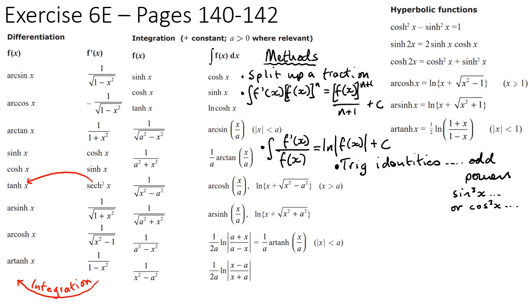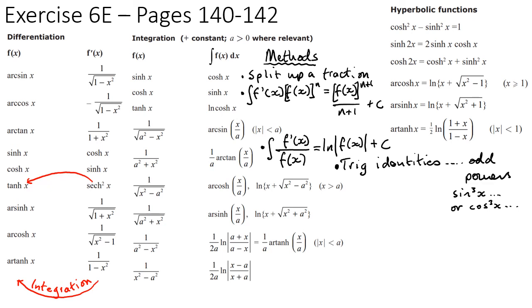So look back at that example to see how to do it, and then you might use one of these trig identities up here. Once you've written sine cubed as sine squared times sine, or cos cubed as cos squared times cos, then you can make use of a trig identity.